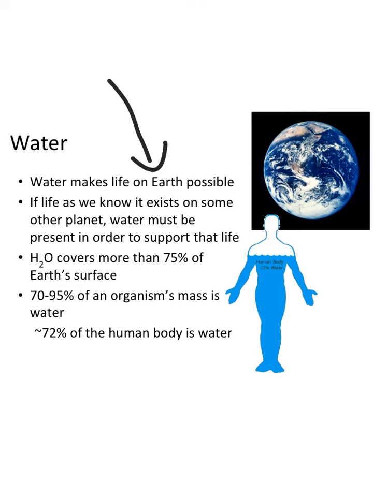So therefore, as we look to other planets to see if water exists there, one of the first things that scientists look for is to see if water is present. Water covers more than 3/4 of Earth's surface, and if you were to mass out all of the different components in your body, in fact, between 70 and 95% of your mass, or really any organism's mass, would be water. In humans, this is about 72%.